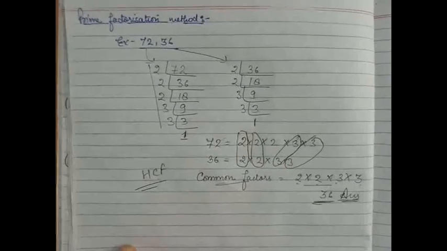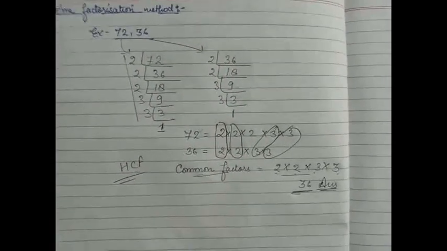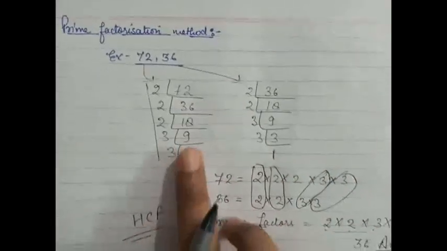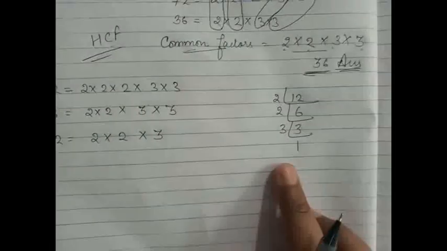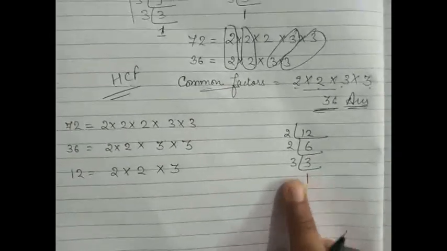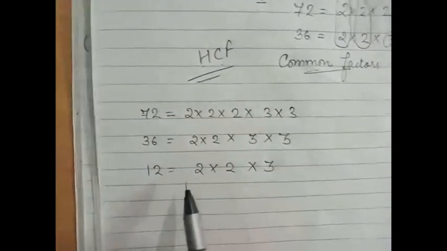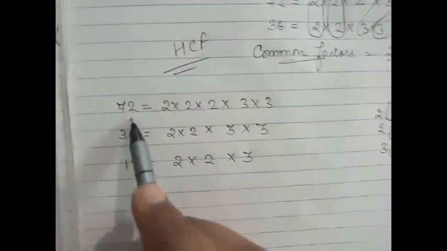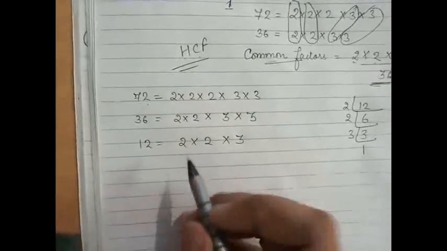Let's see the second example, 12, 36 and 72, by the prime factorization method. We have already found the factors of 72 and 36, and now we have found the factors of 12 also. Here the factors of all the numbers, 72, 36 and 12, are written, and we will find the common factors.